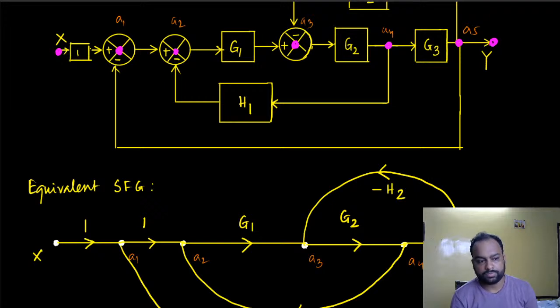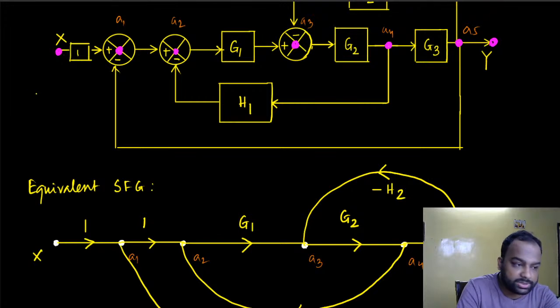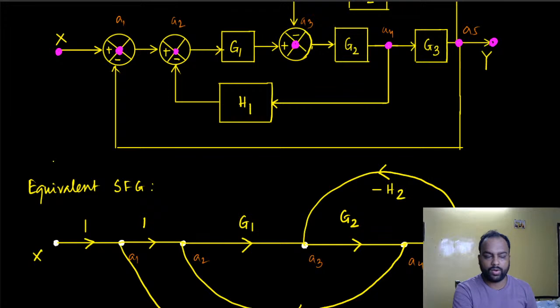So whenever I have 1, we are essentially imagining a transfer function of 1 in that path. Essentially there is also a transfer function of 1 between these two nodes. So we are writing 1 not because of some convention.